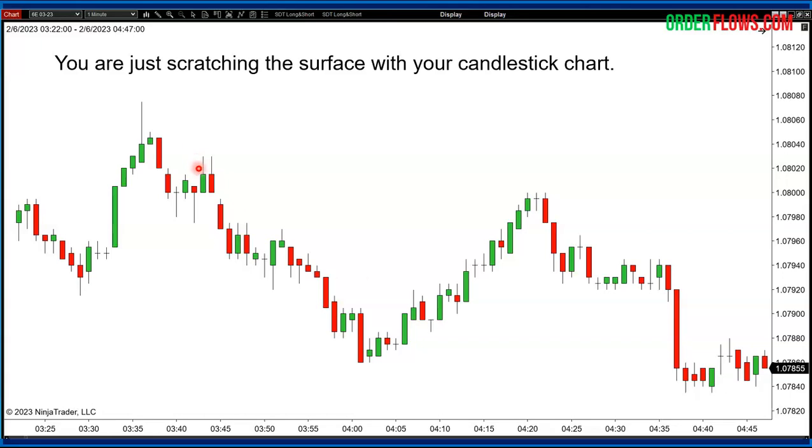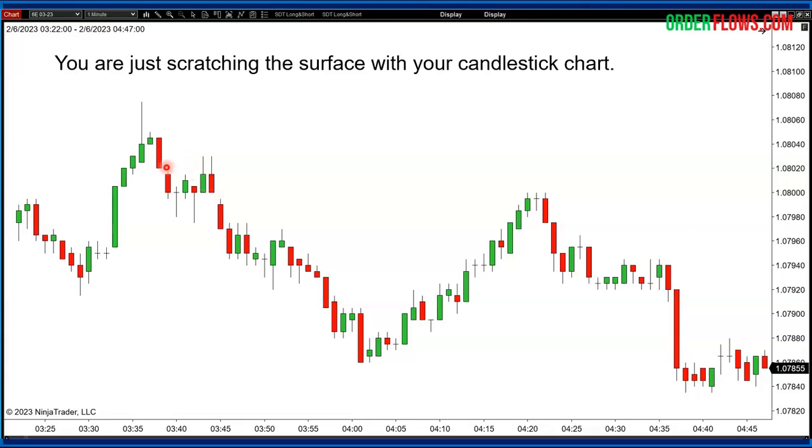It's one thing to see the way the candle forms. You've got your open, your high, your low, your close. And people like to sometimes read into it, well, we closed on the low of the bar. That means something. Yeah, sometimes it does.